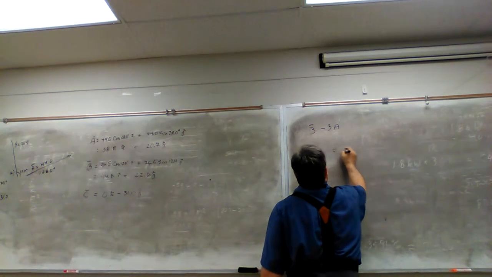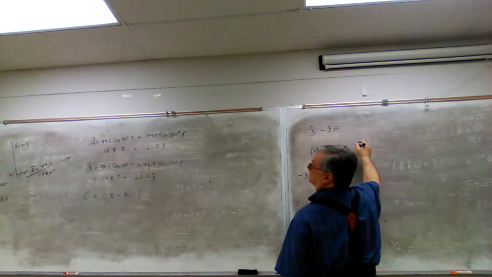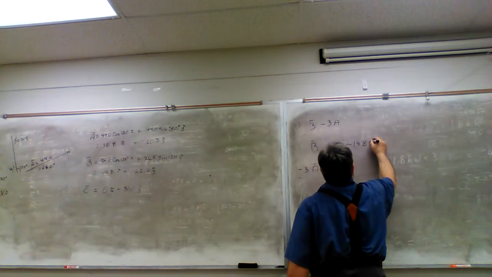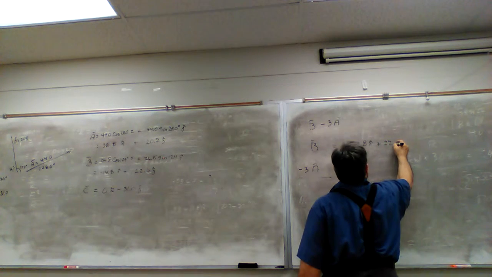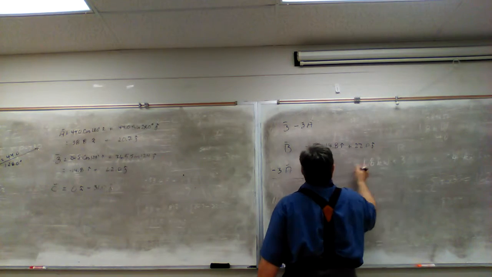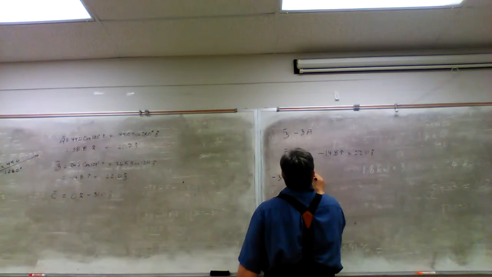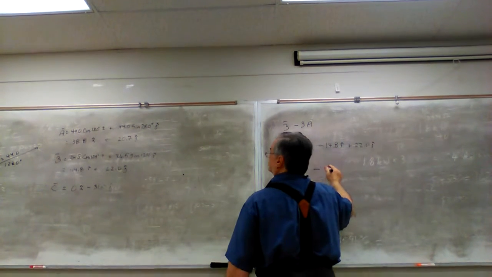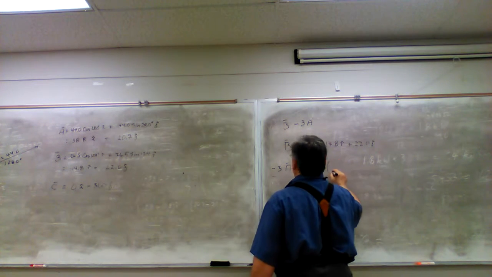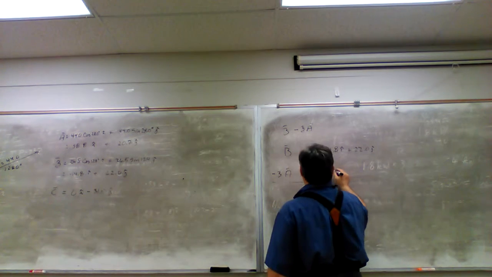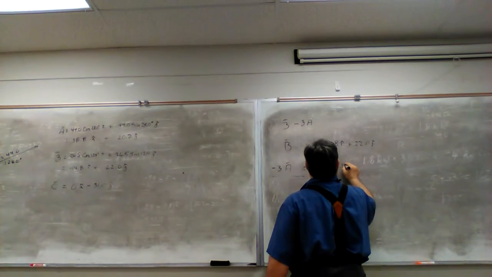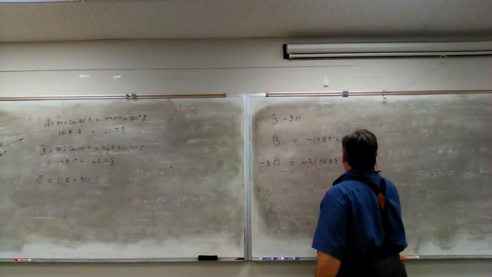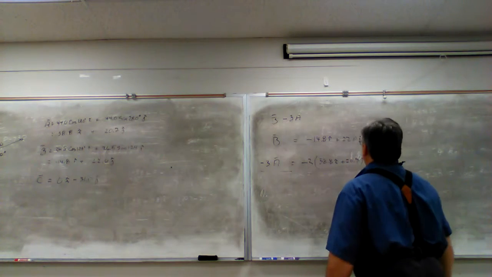That means we've got minus 14.8 I plus 22.0 J minus, what's A? 38.8 I plus 20.7 J. All right.